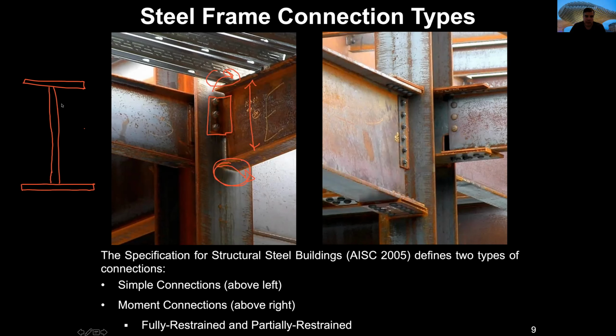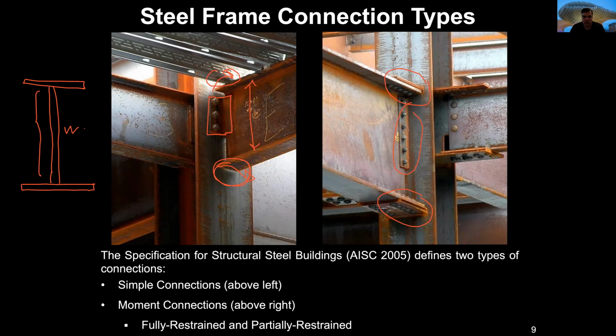But the web area, and the web is this area here, is fixed. The other one is the moment connection. In the moment connection, look, we have connections up, down, and in the center. We already looked at this many times, and this is very important because, as a designer, your engineer will tell you when you are designing the building if you need a connection that is rigid or not.